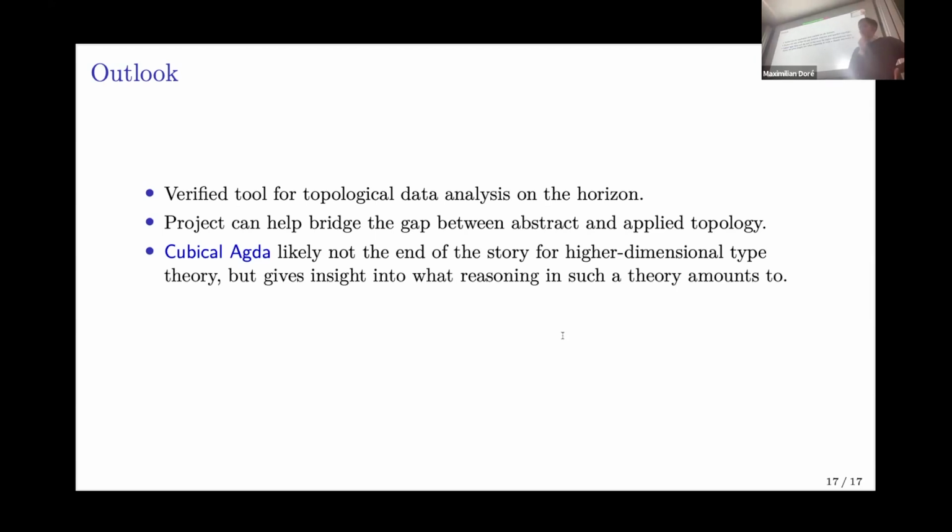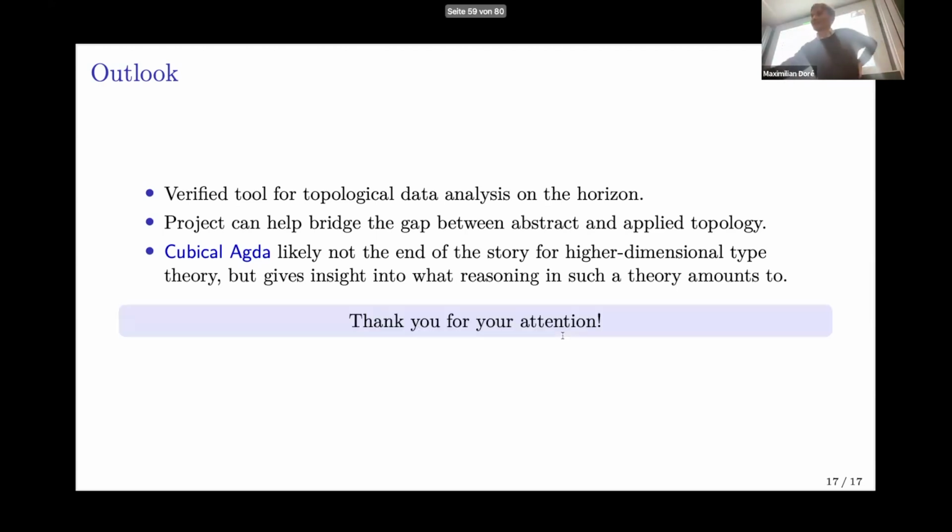So just working with it and using it will already give us some insight into what it's actually like to reason in such a high dimensional type theory, because it's a fairly new thing to have something like this lying around. And perhaps these practical experiences can shed some light on what we want to develop in the first place. That's it from me now.